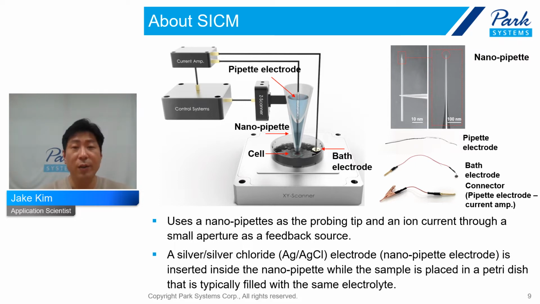One is the pipette electrode, and the other one is the base electrode. Both electrodes are made of silver chloride, AgCl, and the pipette electrode is inserted inside of the nanopipette, while the sample is placed in a petri dish that is typically filled with the same electrolyte.